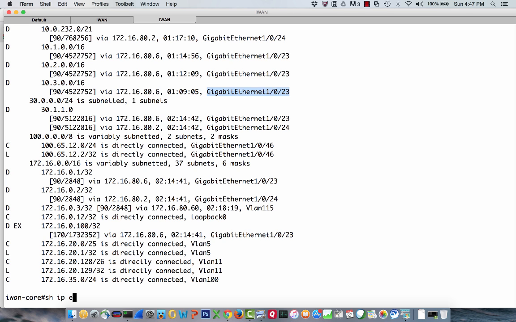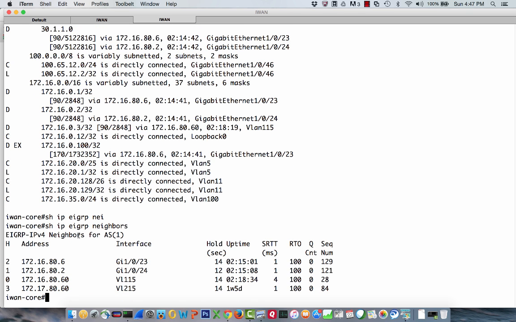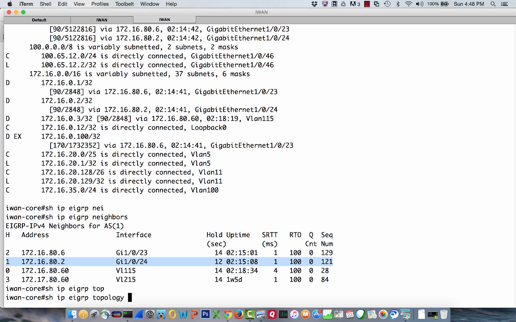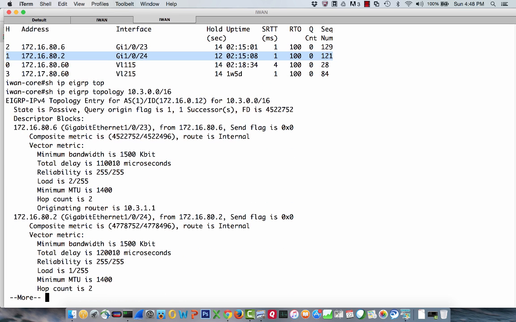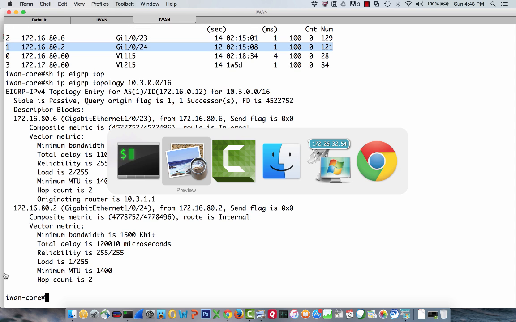Now again, if we do a show IP EIGRP neighbor, I actually have a connection: gigabit 1023 is my EIGRP neighbor from the core router up to the MPLS WAN hub, and gigabit 1024 is actually my connection to the internet DMVPN hub. Again, if we were to do a show IP EIGRP topo 10.3.0.0/16, what we would find is we are actually getting an advertisement from both of them, but we're only putting one of them in the RIB.